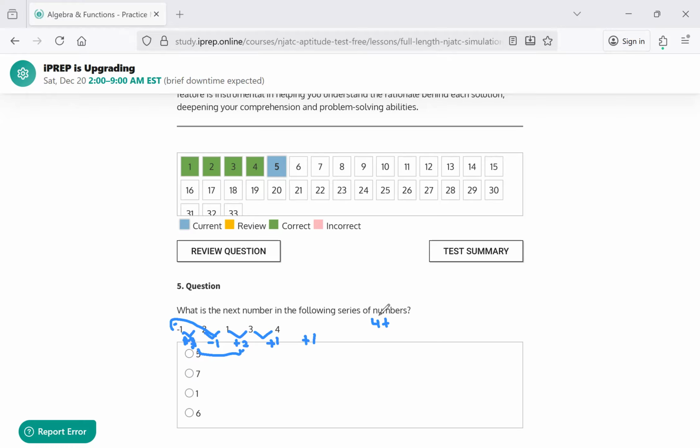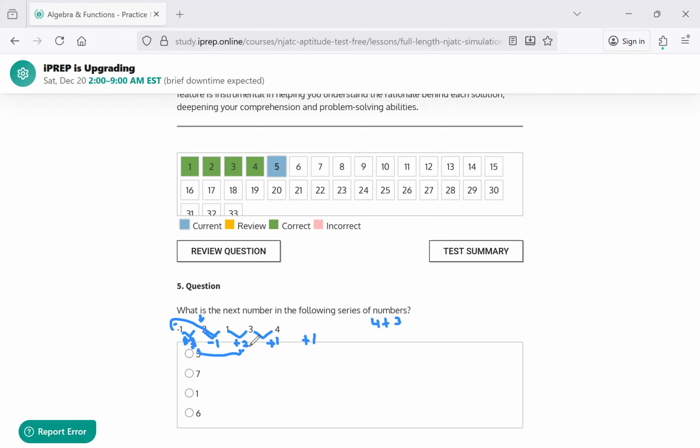No, I think it's going to be 4 plus 3, right? Oh, I see. Okay, now I see the pattern. So this one was plus 3, and then you had to add -1 because -1 is aligned to the previous number. And then over here, this is 2 because it's aligned with this number here.